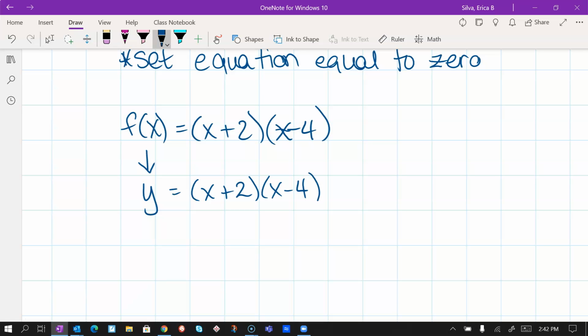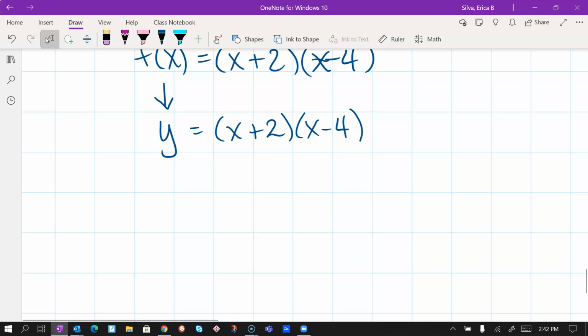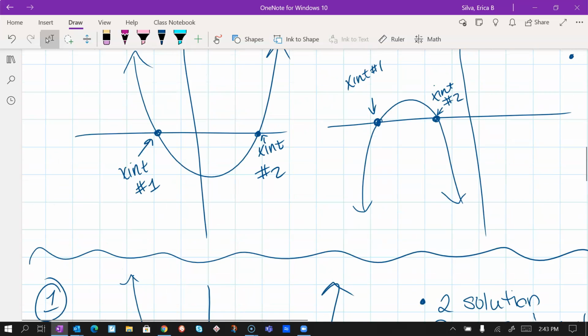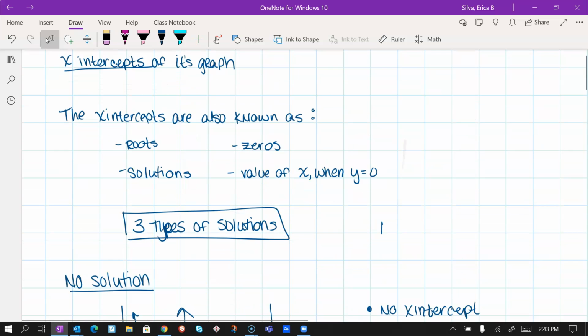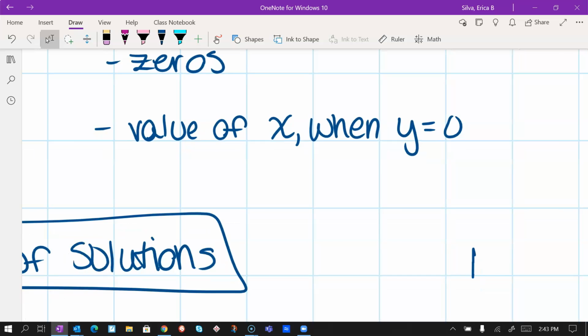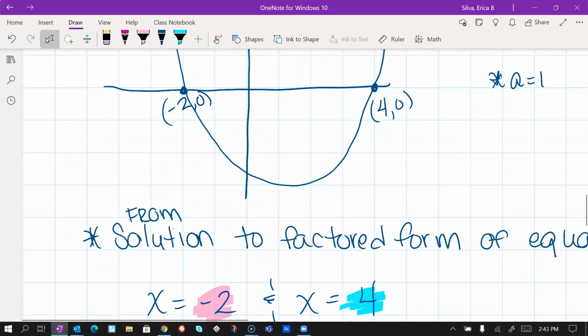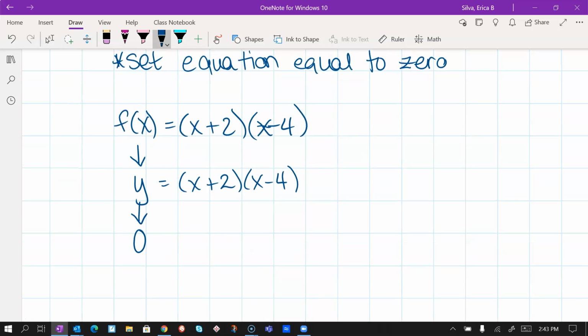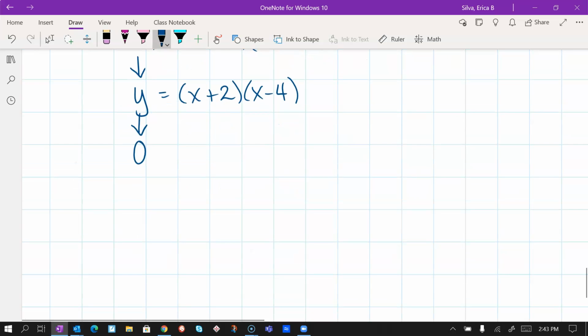And when we solve for x, we want to set our y equal to 0. Remember initially when we came up here, when we said that it's the value of x when y is equal to 0. So we need to set the equation equal to 0, which is my y. We're going to make that equal to 0 so we can solve for our values of x.